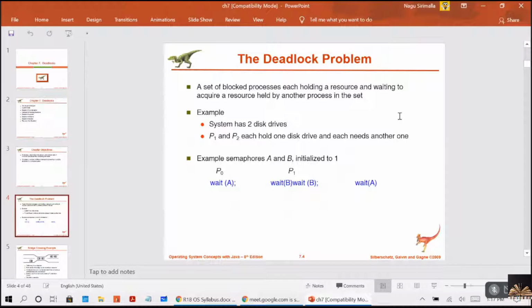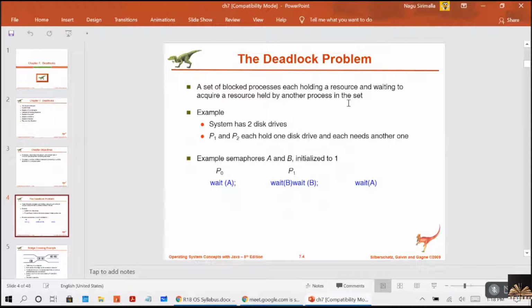So what is the deadlock? I can say deadlock is a set of blocked processes, each holding a resource and waiting to acquire a resource held by another process in the set. When can I say a set of processes are in deadlock?